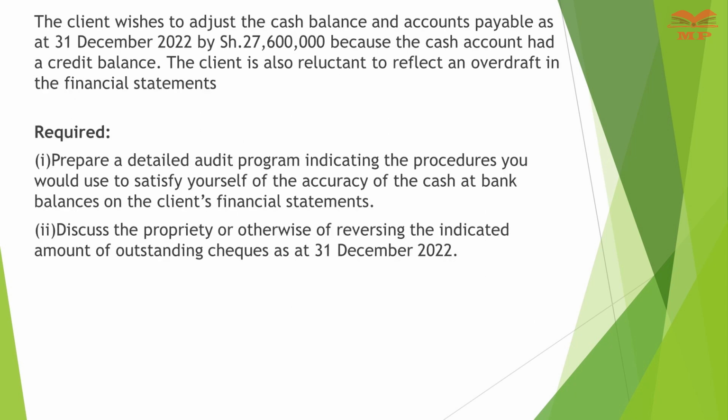The client wishes to adjust the cash balance and accounts payable as at 31st December 2022 by 27.6 million because the cash account had a credit balance. The client is also reluctant to reflect an overdraft in the financial statements. This always happens, candidates, in practice. Is it not so?